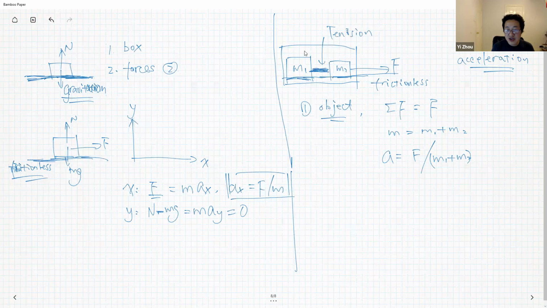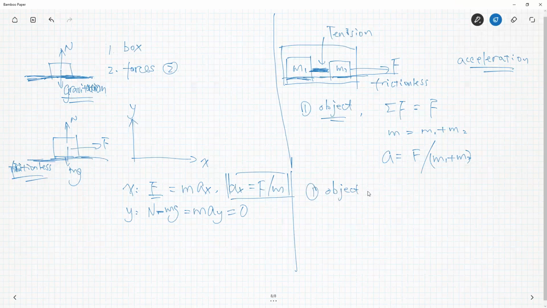Because tension is internal in this object, we cannot find the internal force if we study the whole two objects together. So now we have to choose another object. Which object do you want to study if we want to find the tension?